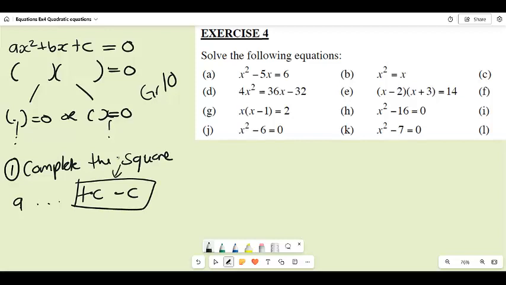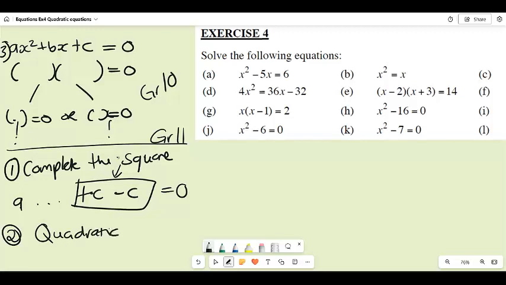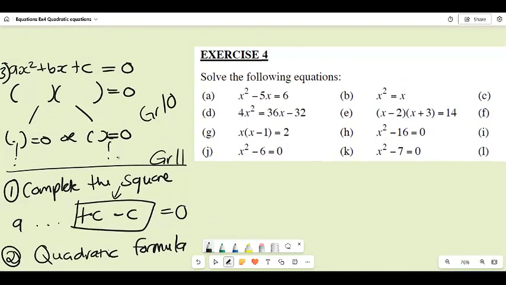The second method that we teach you in grade 11, which technically ends up being the third way of solving quadratic equations, is the quadratic formula. So these are the three methods of solving.